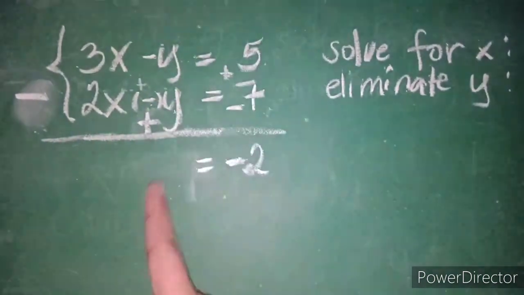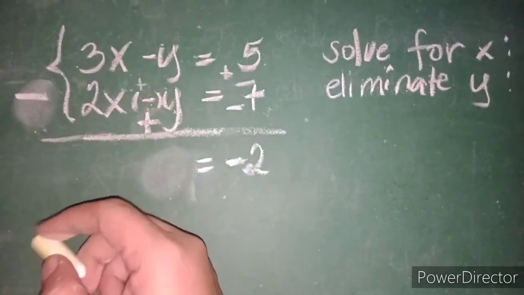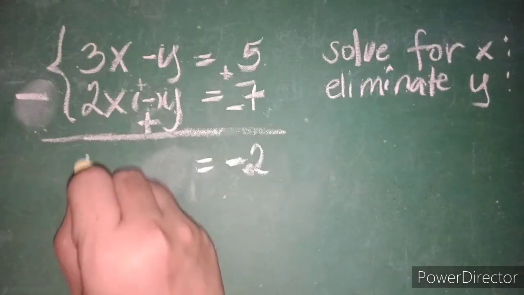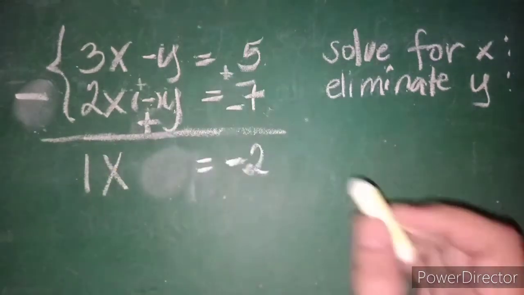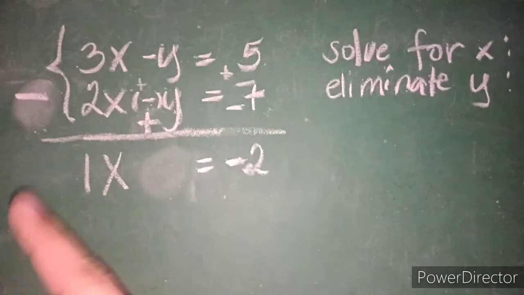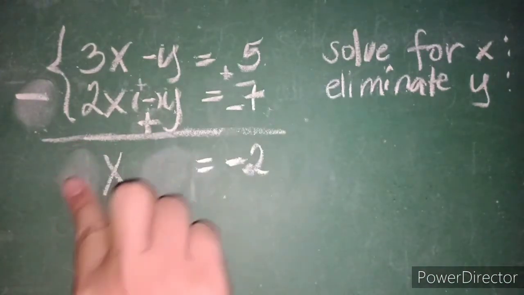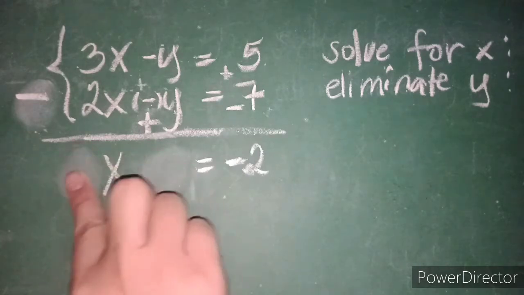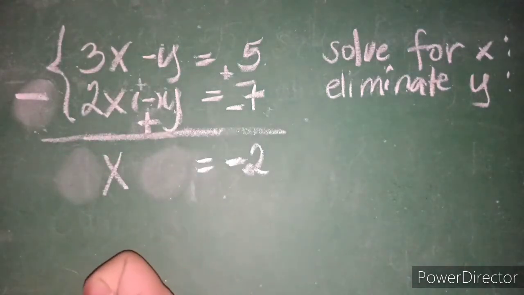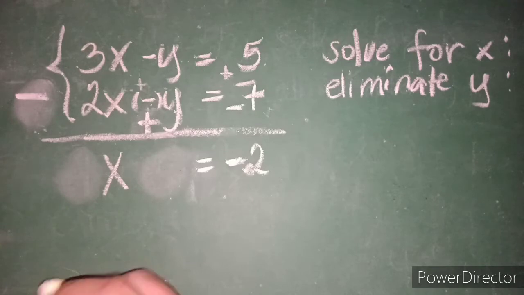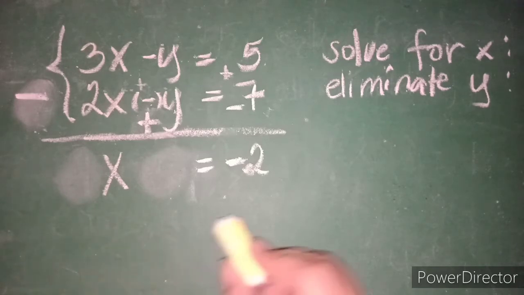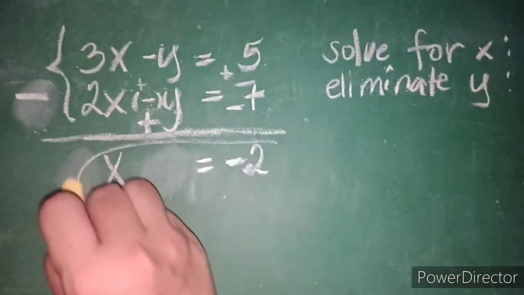Okay, or makakancel na yung y. And 3x minus 2x equals 1x, or kapag 1 ang numerical coefficient, automatic na yon na 1. Okay, which is hindi na natin inilalagay. Okay, pwedeng x na lang ang sagot. Okay, so now the answer is x equals negative 2.